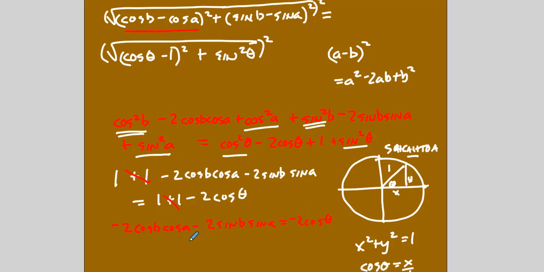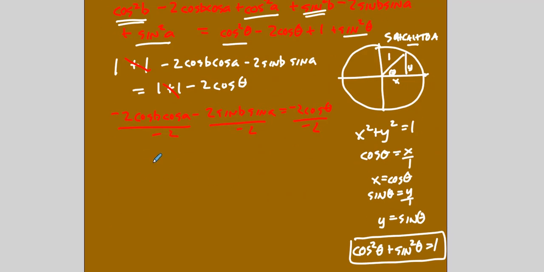Now I can divide everything by negative 2. What I do to one side, I have to do to the other side. So now I have, and I'm going to reverse the order here, cosine A cosine B plus sine A sine B equals cosine theta.